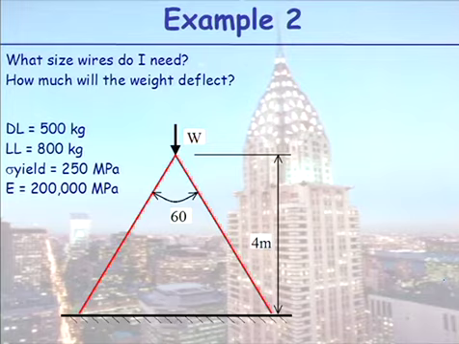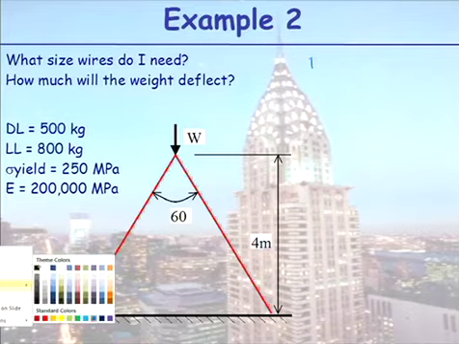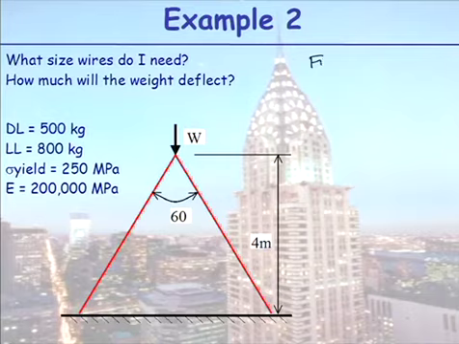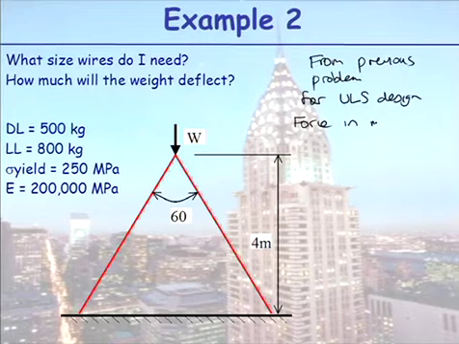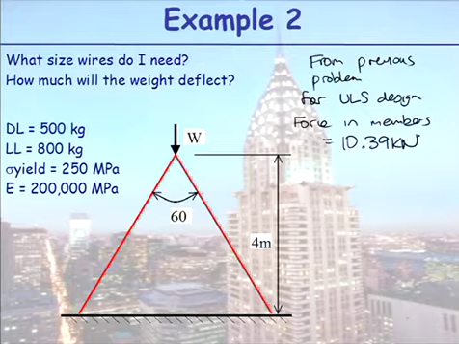So, I will just go over a couple of things. From the previous problem, for ultimate limit state design, we said the force in our members was equal to 10.39 kilonewton.